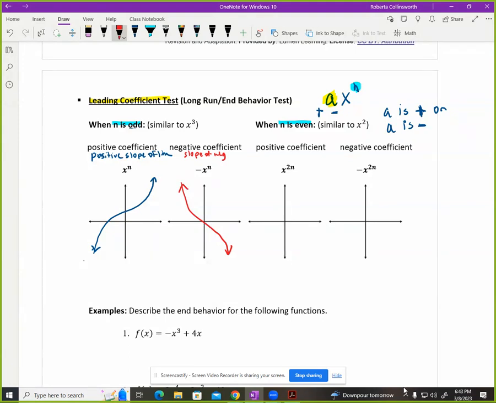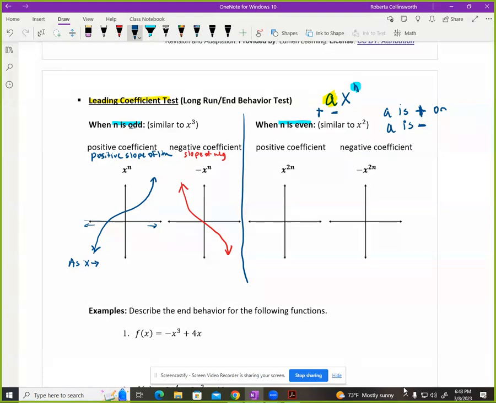So now let's talk about what's happening with this function. So as I'm moving along the x-axis from left to right, as x approaches negative infinity, well, let's go this way.